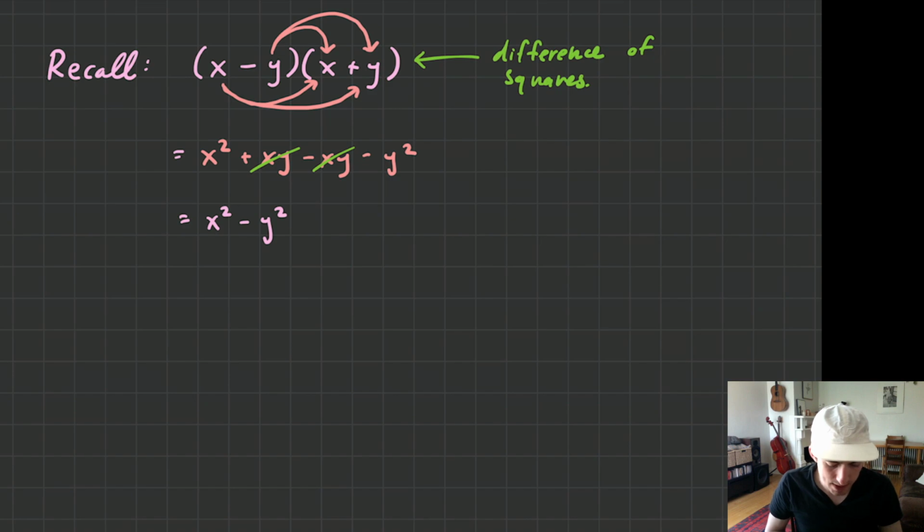So what's interesting about this though is that you can use this fact to calculate some quick multiplications. We can actually use this fact to multiply some big numbers in our head. Now it only works in very specific cases, but this could really help with approximation. So if you have two numbers that are too big for you to do the multiplication in your head, you can usually use this trick to estimate.